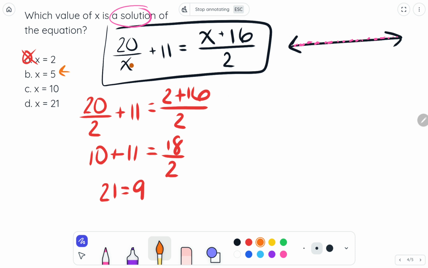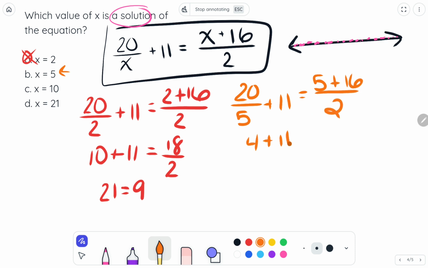Again, everywhere I see an x, I'm just going to put a 5 to see if 5 is a solution. So 20 divided by 5 plus 11 is equal to 5 plus 16 divided by 2. 20 divided by 5 is 4, plus 11. 5 plus 16 is 21, divided by 2.